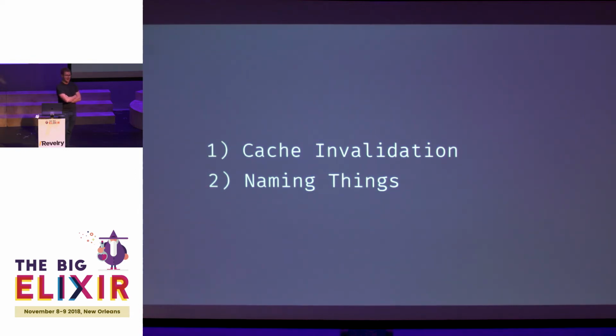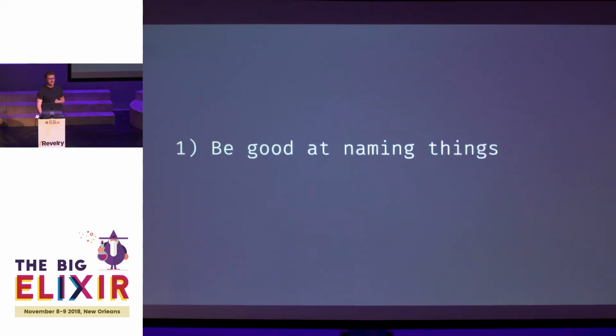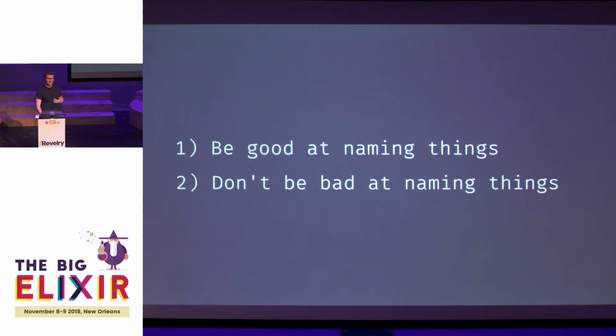Like, don't use a cache. Problem solved. Your other option is to use caching strategies where you're always moving to new keys instead of having to invalidate existing keys and so on. We have techniques. For the second problem, there are two known strategies, at least as far as I know: be good at naming things, don't be bad at naming things.